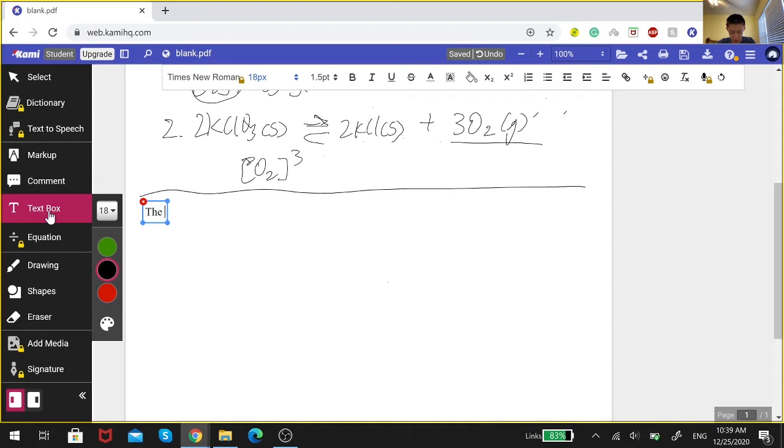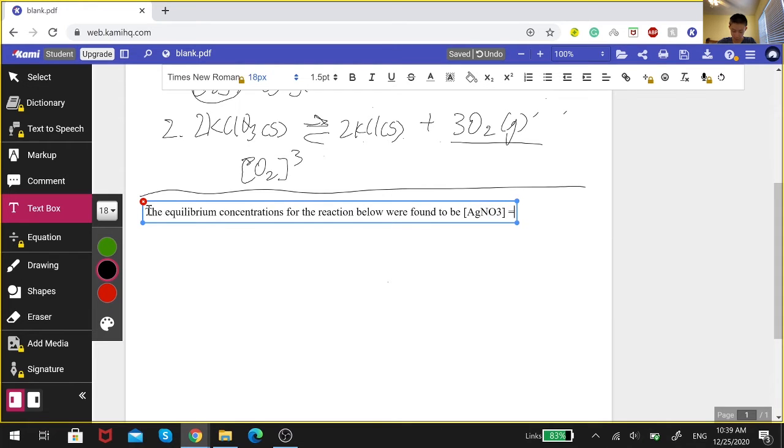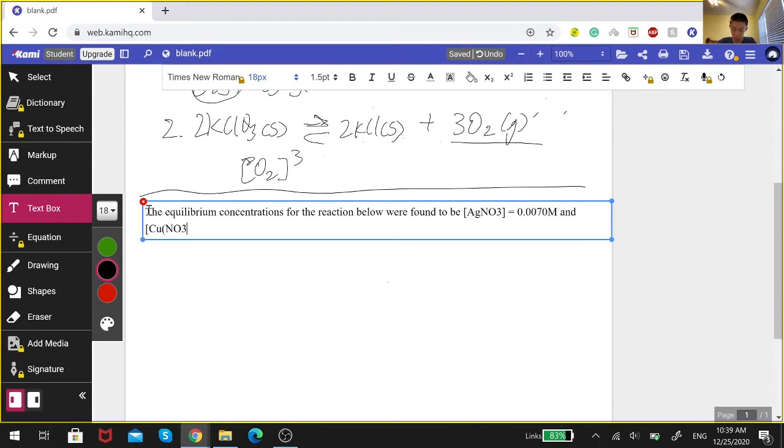Okay, next, the equilibrium concentrations for the reaction below were found to be AgNO3 equals 0.0070 molarity and Cu(NO3)2 equals 0.48 M at a certain temperature.